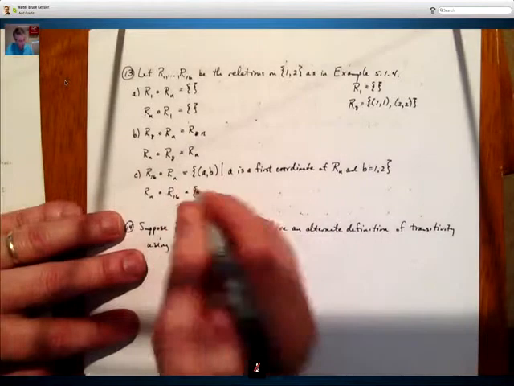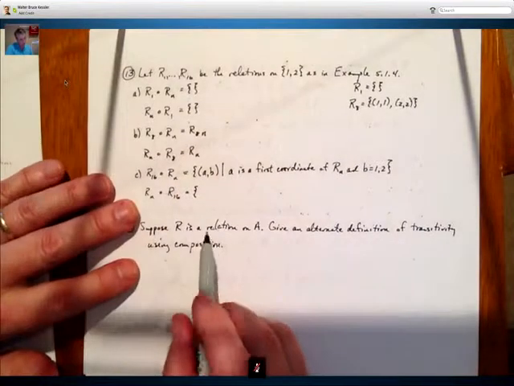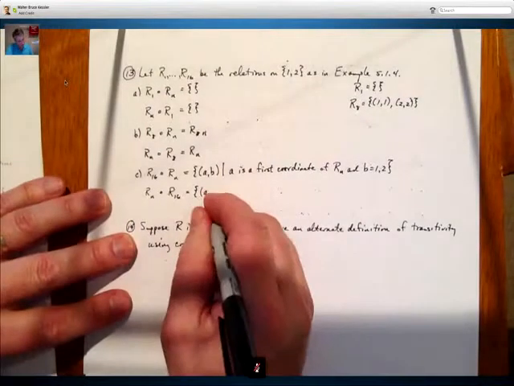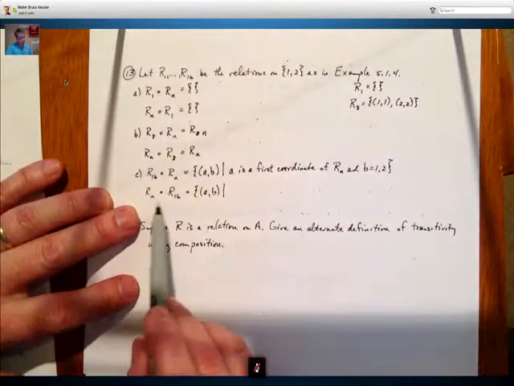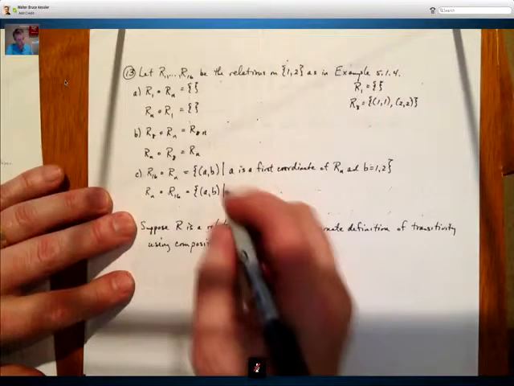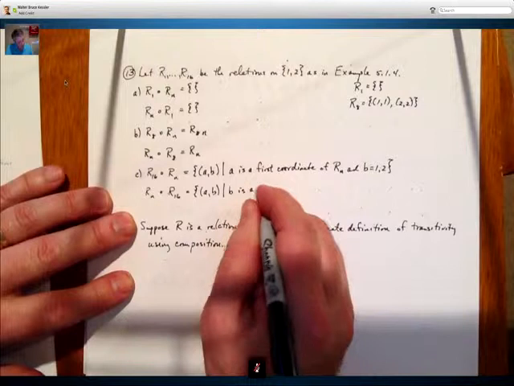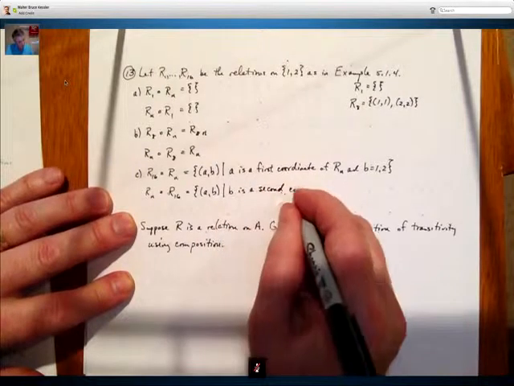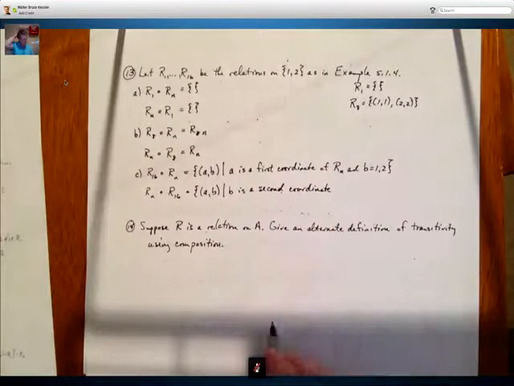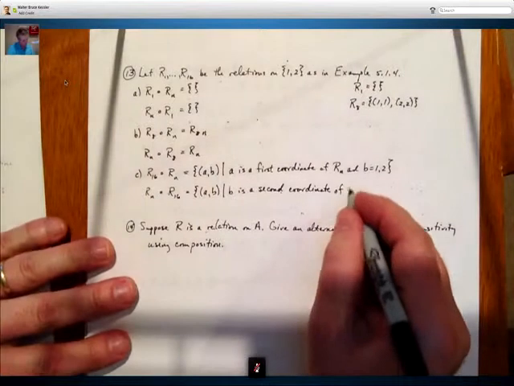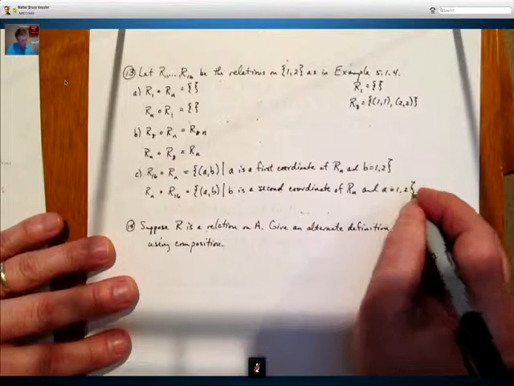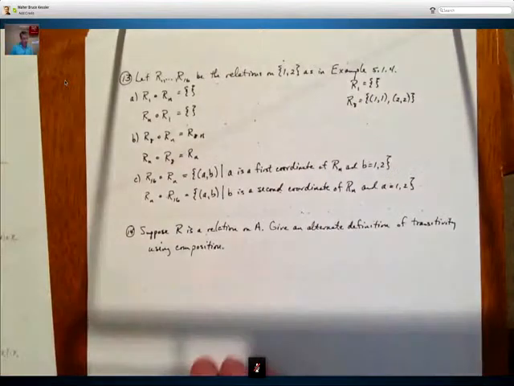And then here you have every possible starting coordinate. So I'll say (a, b) again, but whether it gets to a second coordinate depends upon whether or not that second coordinate is in Rn, where b is a second coordinate of Rn, and now a is 1 and 2.